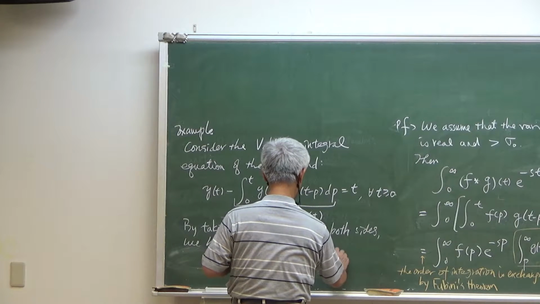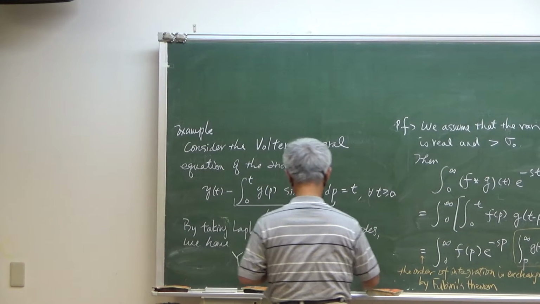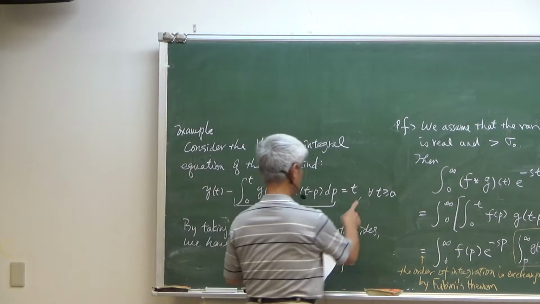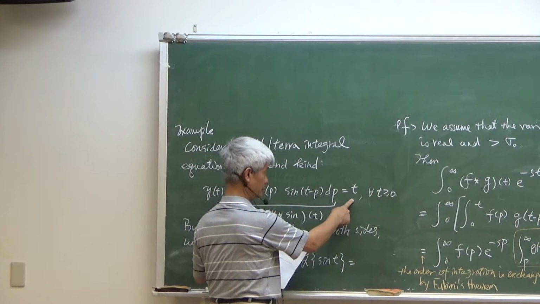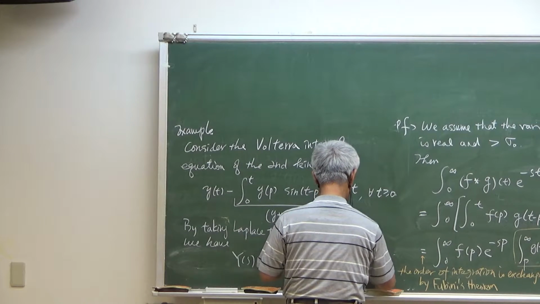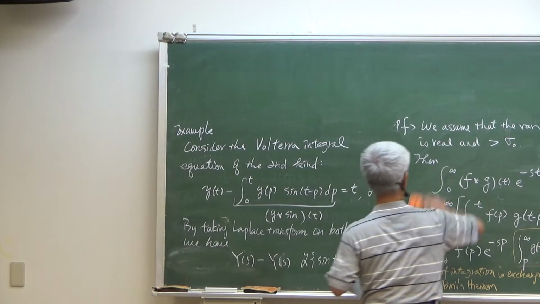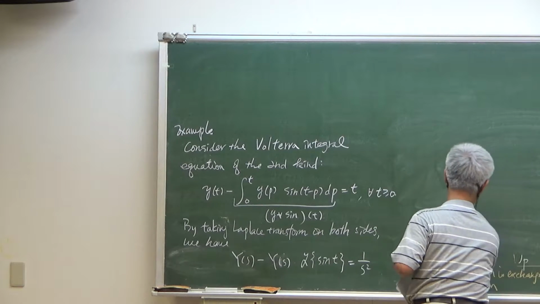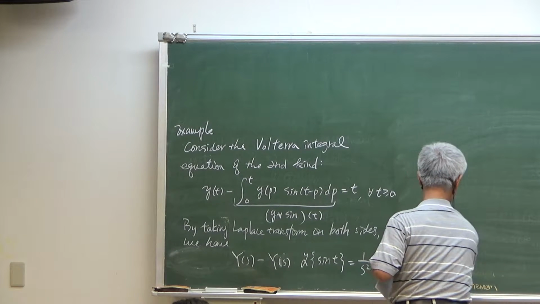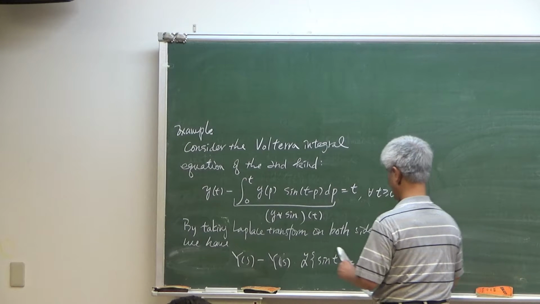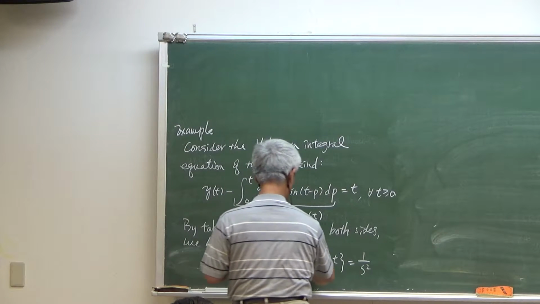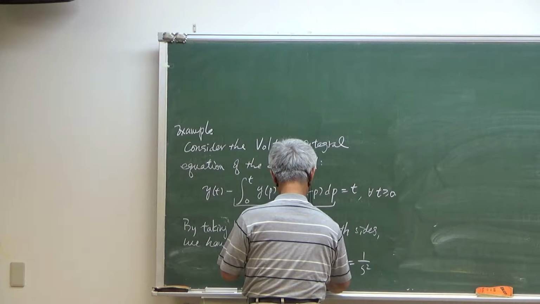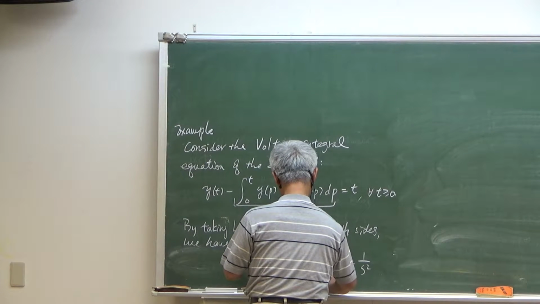The Laplace transform of t is equal to 1 over s squared, and the Laplace transform of sine t, as we know, is equal to 1 over s squared plus 1.